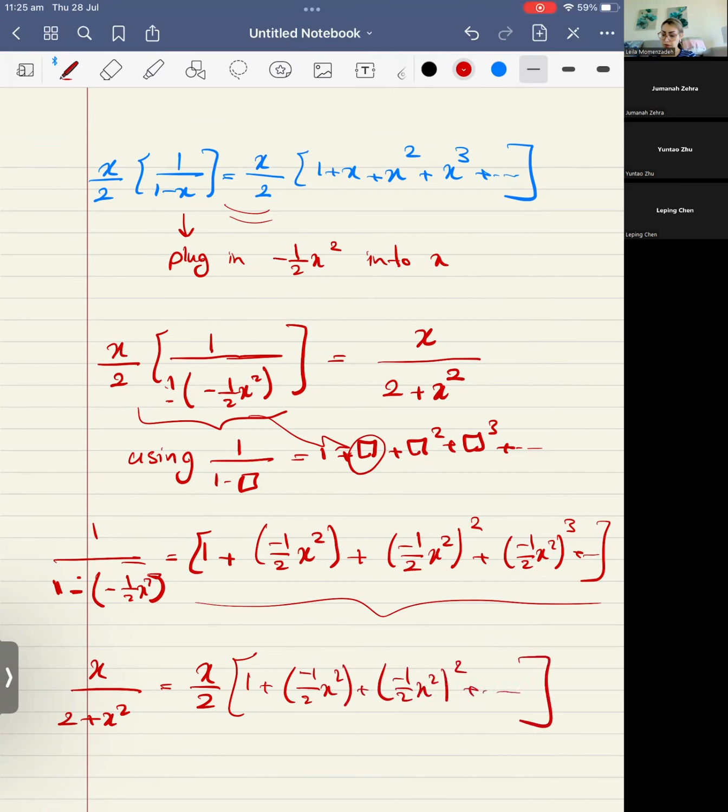So this would be equal to x over 2 minus x cubed over 4 plus x to the 5 over 8 and so on.